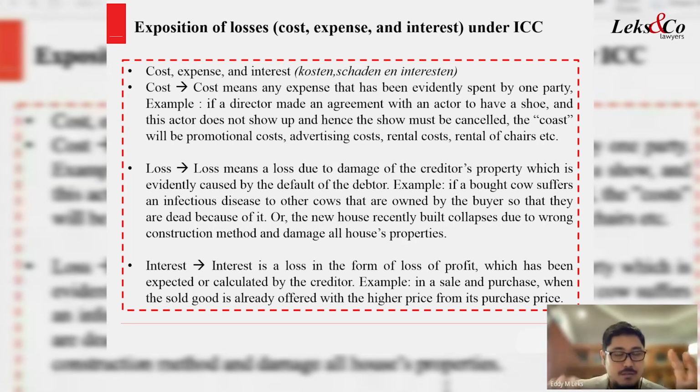Nah, that thing cannot be considered as an interest anymore, yeah, because it's too far away. You cannot include indirect consequential damages. So that's what we are going to learn. That's the essence of this, yeah.